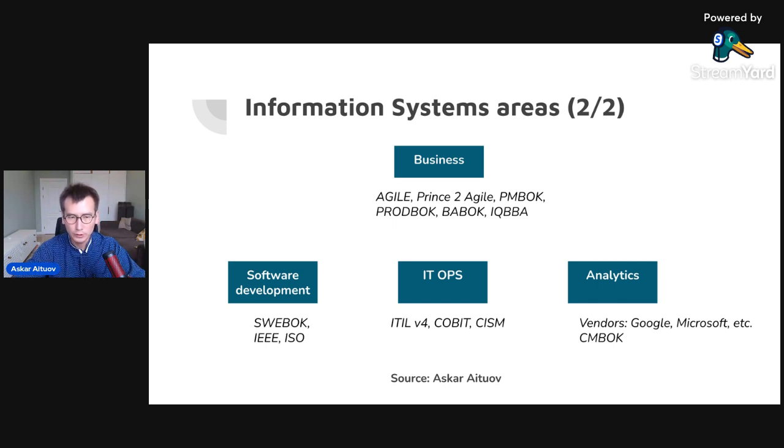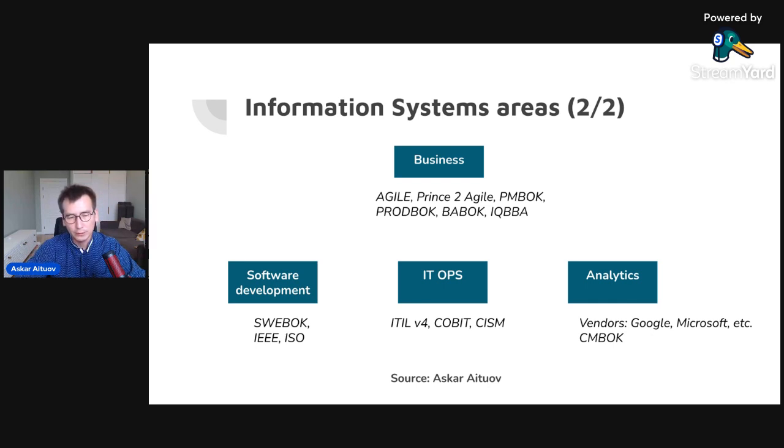Then there is COBIT, and there is a family of information security management certificates like CISM. There are a number of others. The main thing here is we need to have some processes and procedures to establish a stable IT environment, and this is a matter of IT ops.